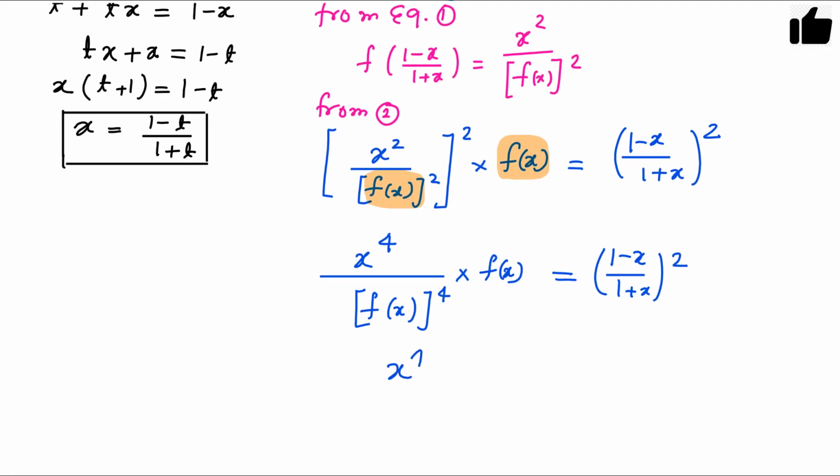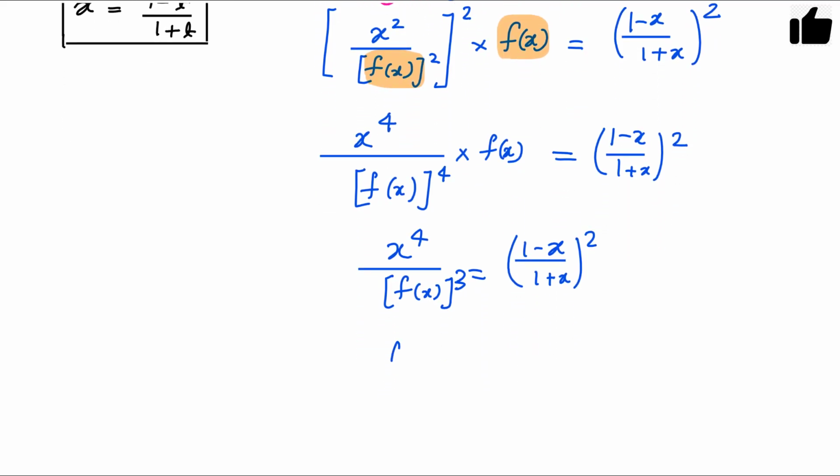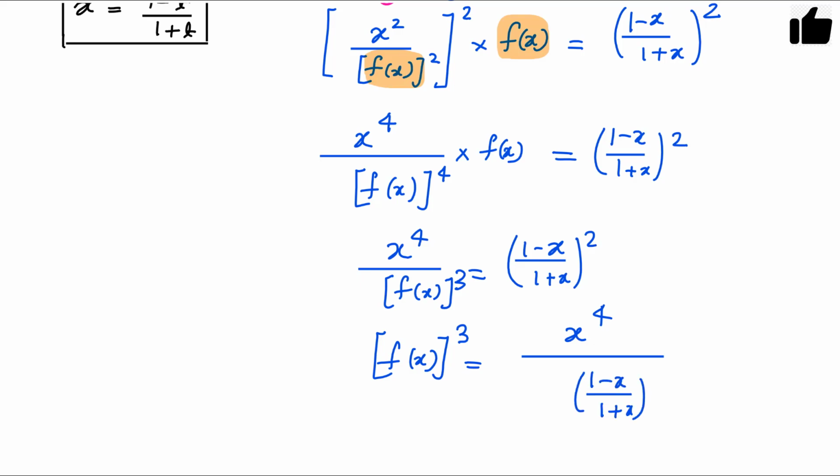So we will have x to the power 4 divided by f(x) cubed is equal to ((1 minus x) divided by (1 plus x)) whole squared. So f(x) cubed is equal to x to the power 4 divided by ((1 minus x) divided by (1 plus x)) whole squared. If you rewrite, this will be x to the power 4 times ((1 plus x) divided by (1 minus x)) whole squared.